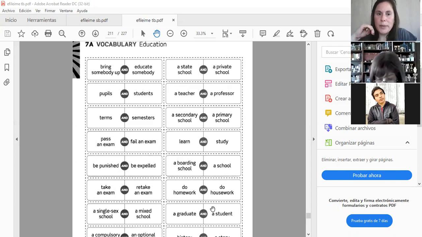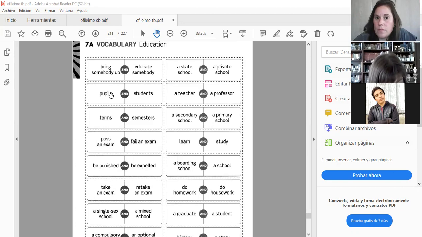Now, what about pupils and students? What's the difference between pupils and students? What do you think? Pupils and students. Can you see it here? Yes.